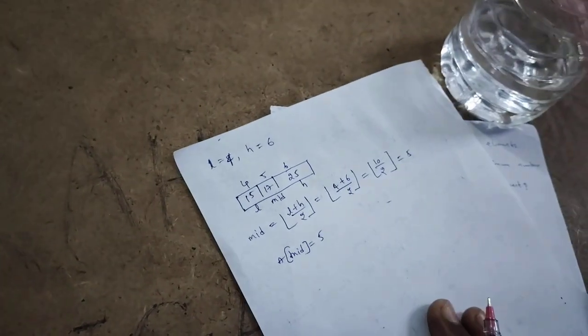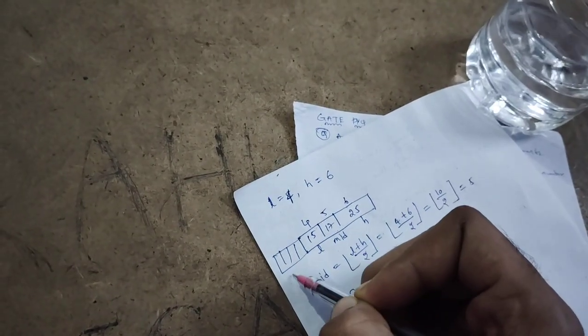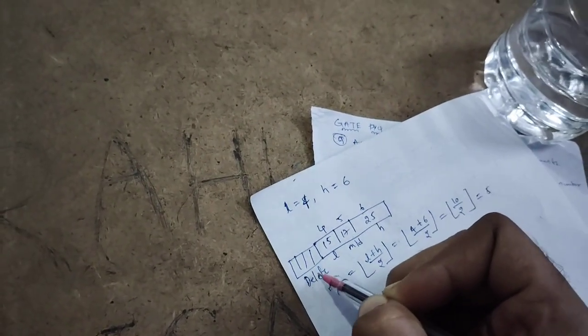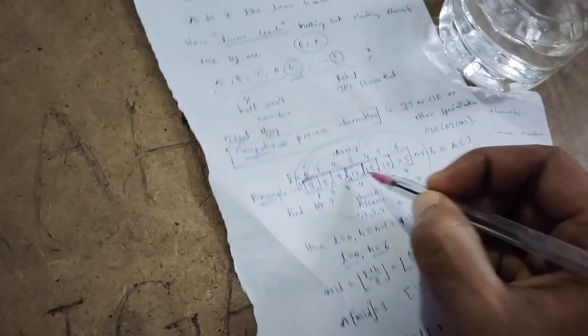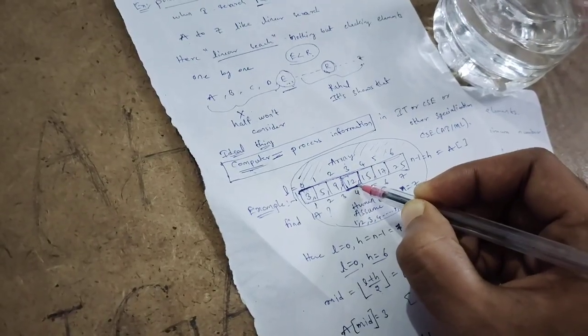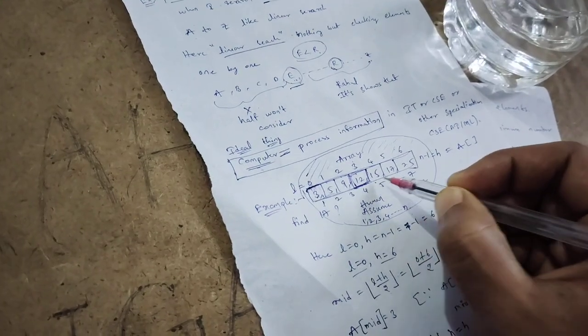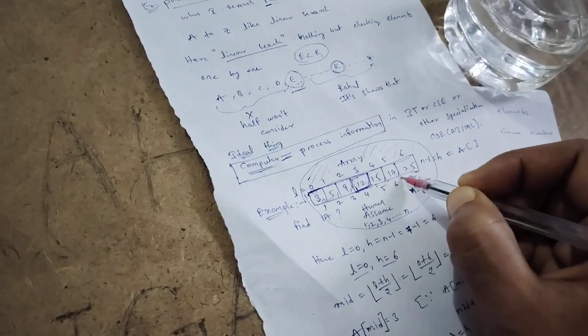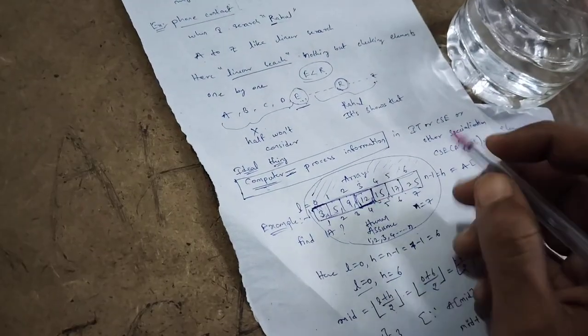Then delete this array because it's not considered. These are all the less-than values. Since 17 lies only in this part, because it's greater than those values, only the right part of the array is considered.